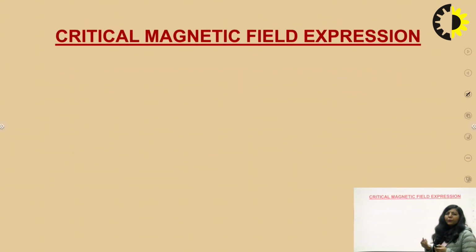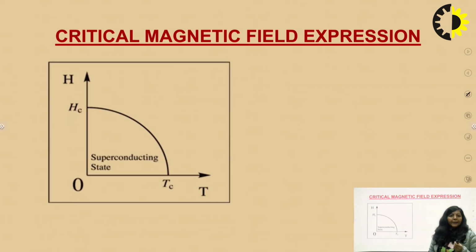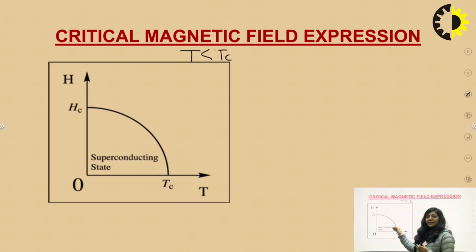So let's have a quick recap about critical magnetic field. As I have mentioned, a superconducting material will show superconductivity only at a temperature when T is less than Tc. Means below critical temperature, the material will be in superconducting state. As you can see in this graph, along x-axis we have temperature, whereas along y-axis we have magnetic field.